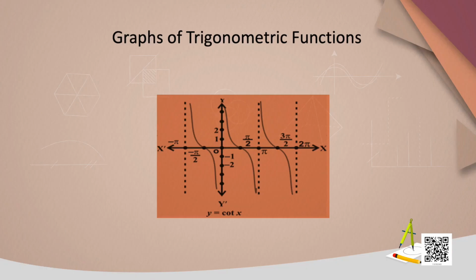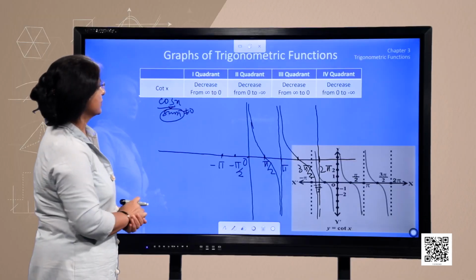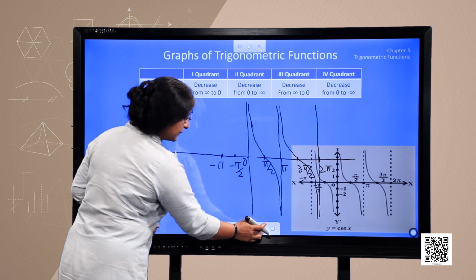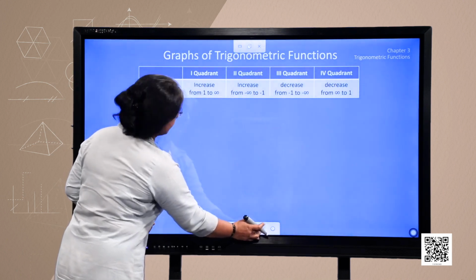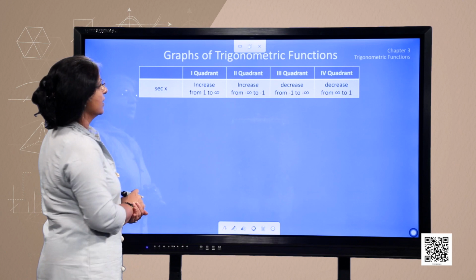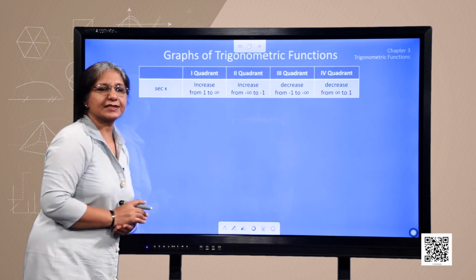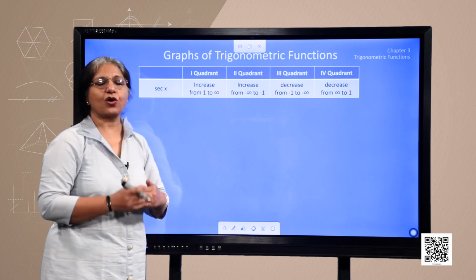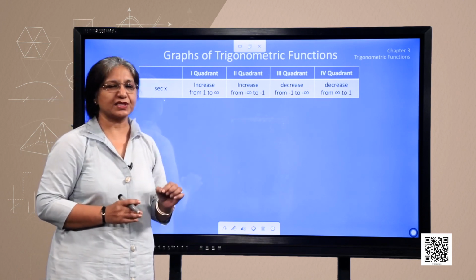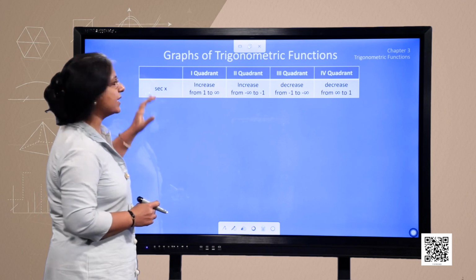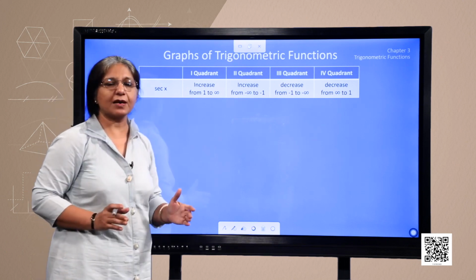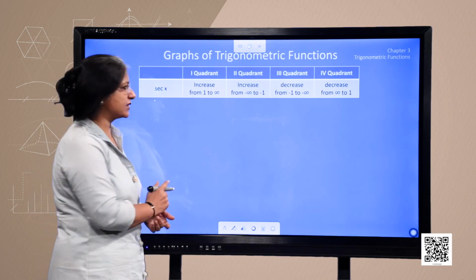See here. Now, we come to the graph of the secant function, which is the reciprocal of the cos function. Cos should not be equal to 0, and cos is 0 at odd multiples of pi by 2. Therefore, the domain of secant x will be all real numbers except odd multiples of pi by 2.